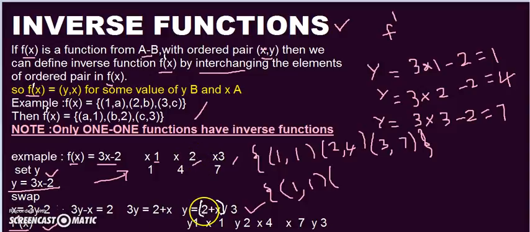Which is 2. Because you are writing the inverse function, you take values for y and just find out the value of x. Or you just consider the x value from this and find out the y value. Now if I give x value 4, what happens? 2 plus 4, 6 by 3, which is 2. So 4, 2.